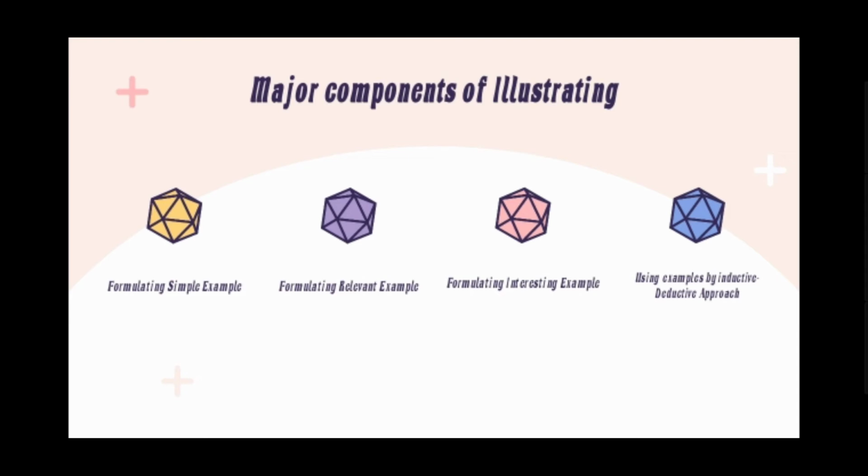The second, formulating relevant example. An example is relevant to the concept when the concept or the rule can be applied to it. This means to say that the rule is explained by the example.